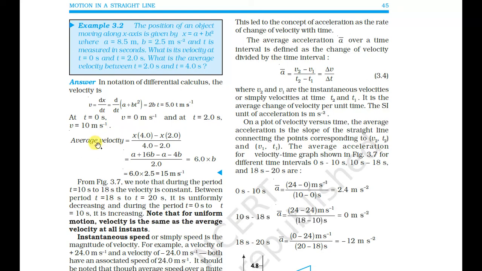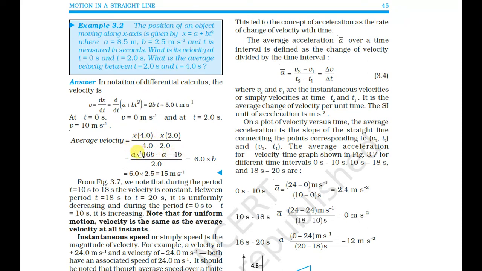Now the average velocity: delta x equals x at t2 minus x at t1. So x at 4 seconds minus x at 2 seconds is a plus 16b minus a minus 4b.